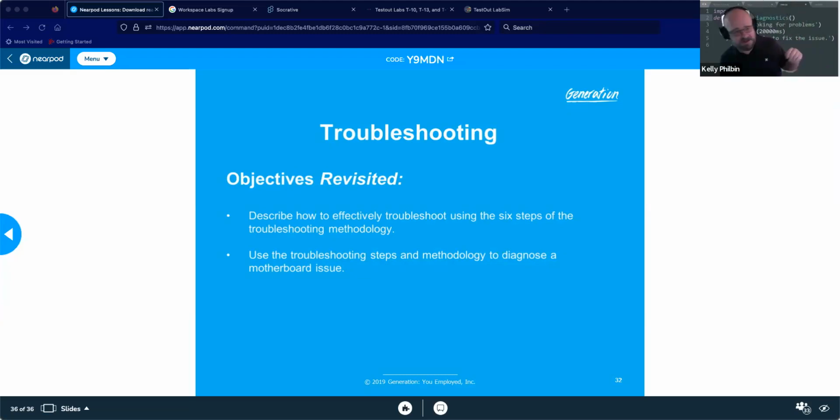So all together, we got identify our problem, establish a theory, test our theory, plan of action, and resolve the problem. Step 5, verify that we fixed what we set out to fix and take preventative action if needed to prevent it from happening in the future. And finally, document our findings, tell our story. What happened? How did we get here?